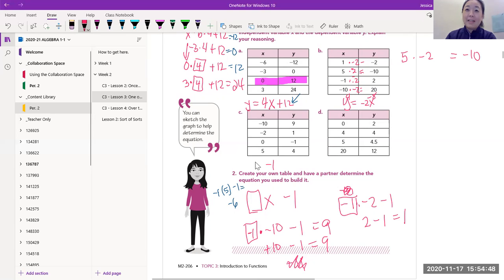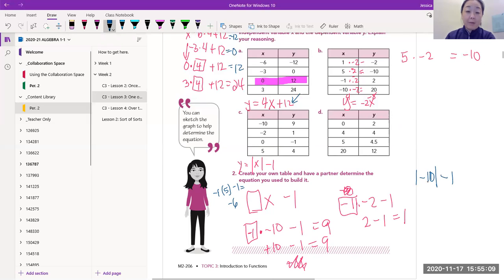It is going to be the absolute value, right? So let me write this over here. We're going to go absolute value of -10, minus 1. What is the absolute value of -10?